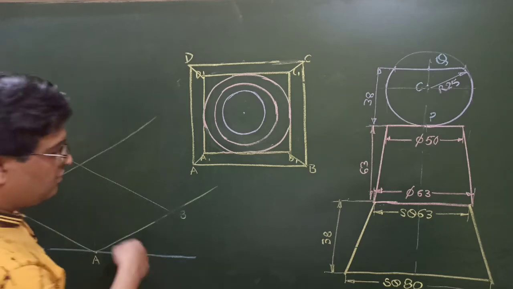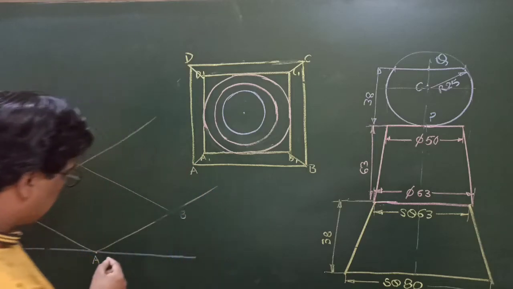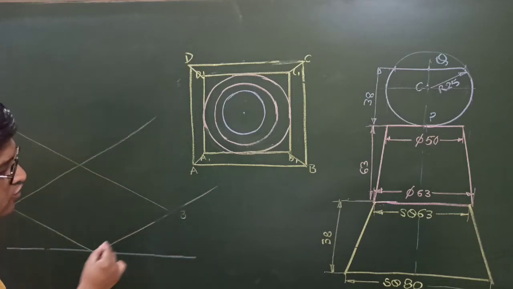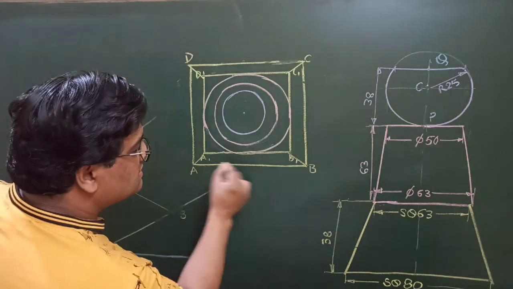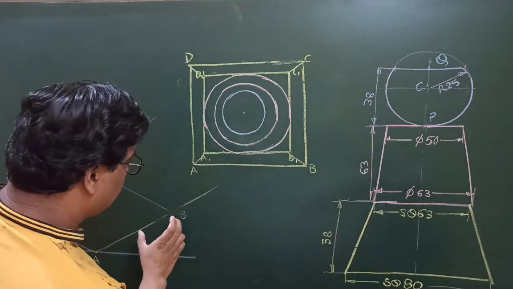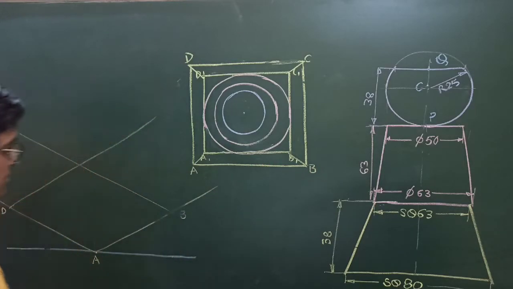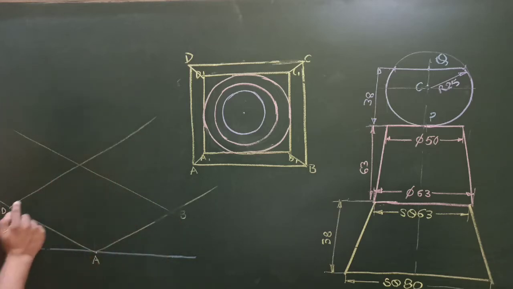With that we have drawn the lowermost base. A is taken here, cut A to B taking from this diagram, multiply it with 0.82 and cut B. Similarly D can be cut. Then draw two parallel lines, one parallel to this line, another parallel to this line. So the lowermost bottom has been drawn.